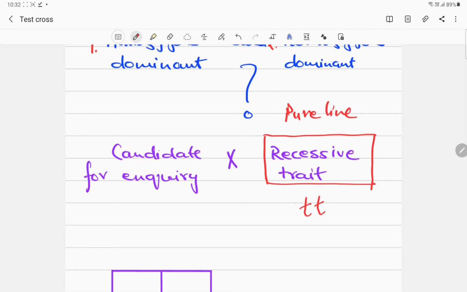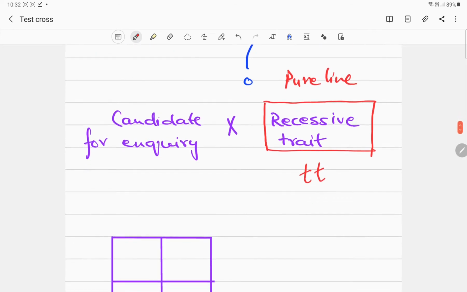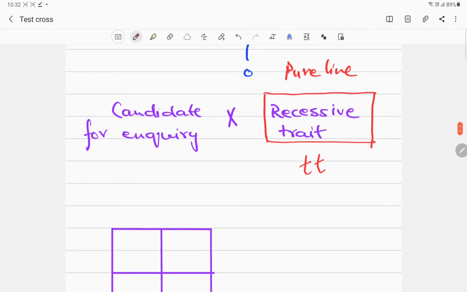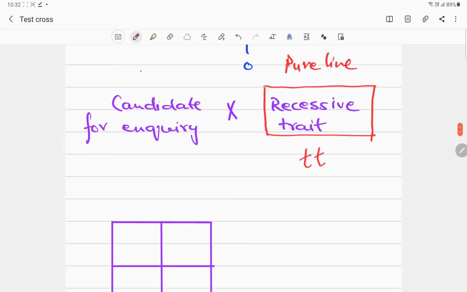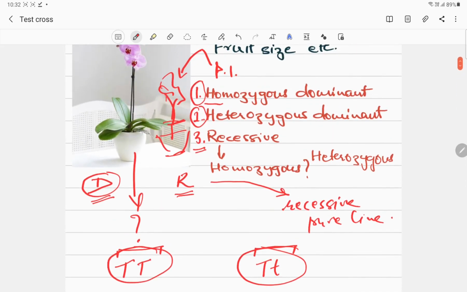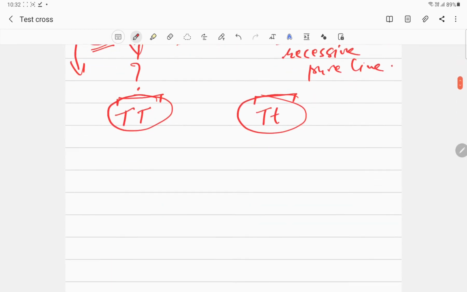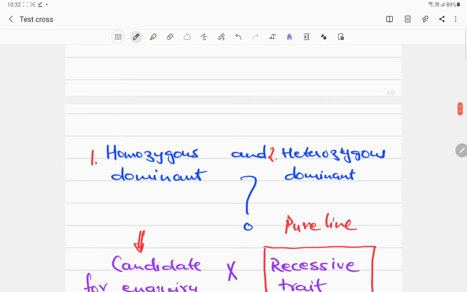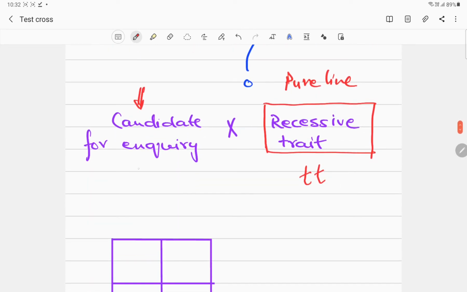Once I have a recessive trait carrying plant, I cross it with the candidate, the plant that I want to inquire about. So I will cross my candidate plant with the pure line, which is the recessive. Now there can be two conditions: either my candidate is homozygous dominant or my candidate is heterozygous dominant.